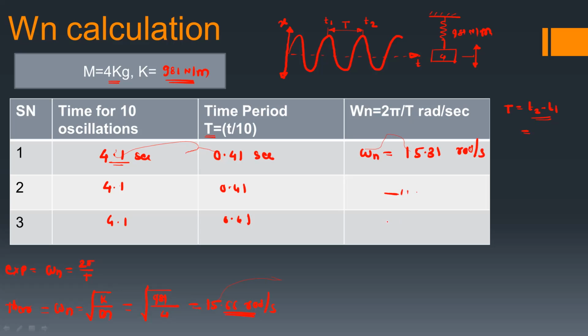Experimentally, the omega n value is 15.31 radian per second. Both the values are nearly the same: 15.31 and 15.66. In this way, you can find the natural frequency of any spring mass system by the experimental procedure and by the theoretical formula, which is square root k upon m.